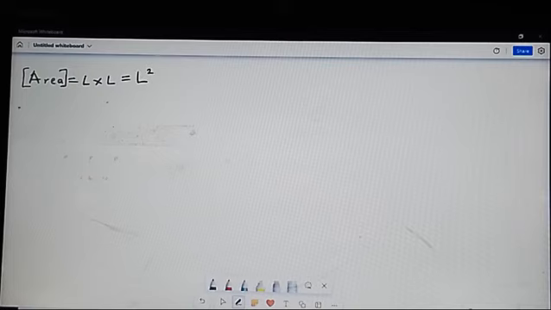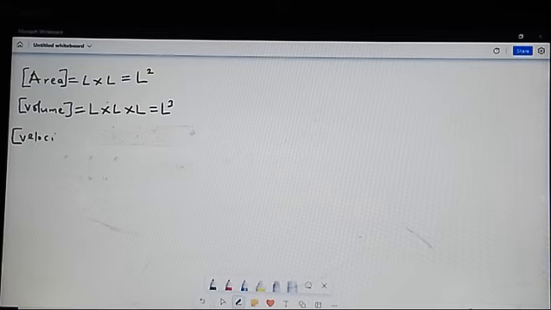What about volume? Volume is equal to L times L times L, and that is L cubed. Then let's talk about velocity. The dimension for velocity, once you know the formula for any physical quantity, you can express that physical quantity in terms of dimension.